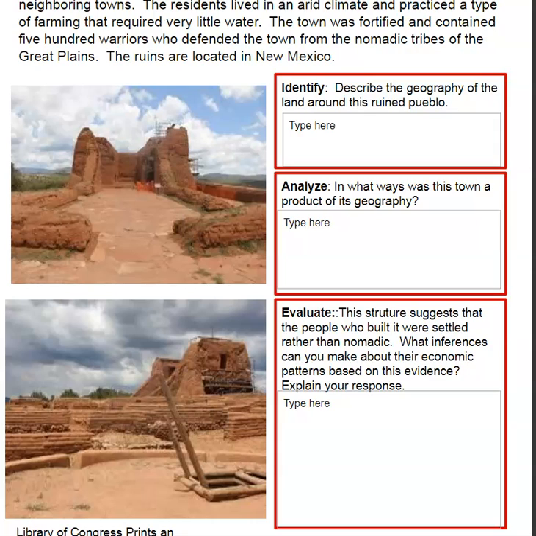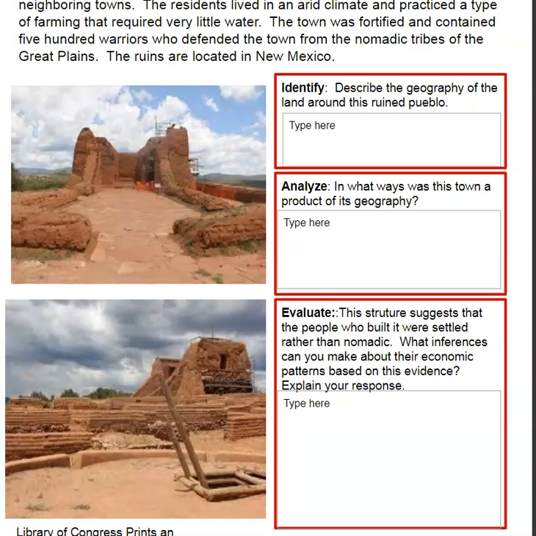So look at the basic construction. Do you see a lot of wood? You can just see by the basic construction that the structures themselves were made based on the materials that they had to work with, which I think is kind of interesting.